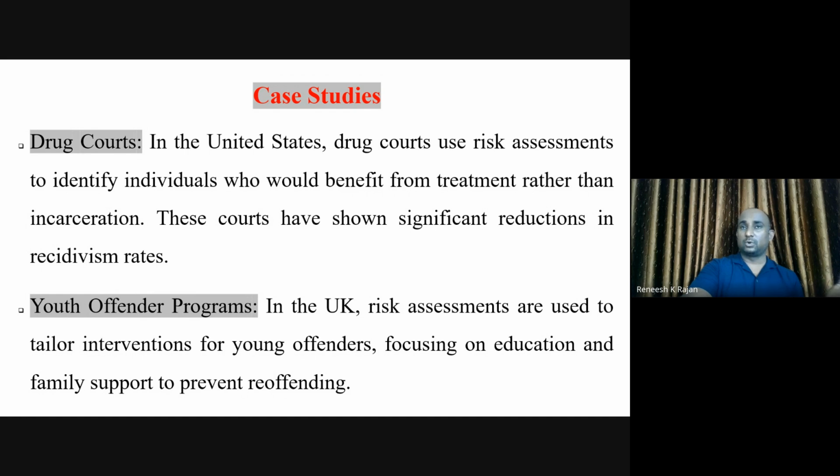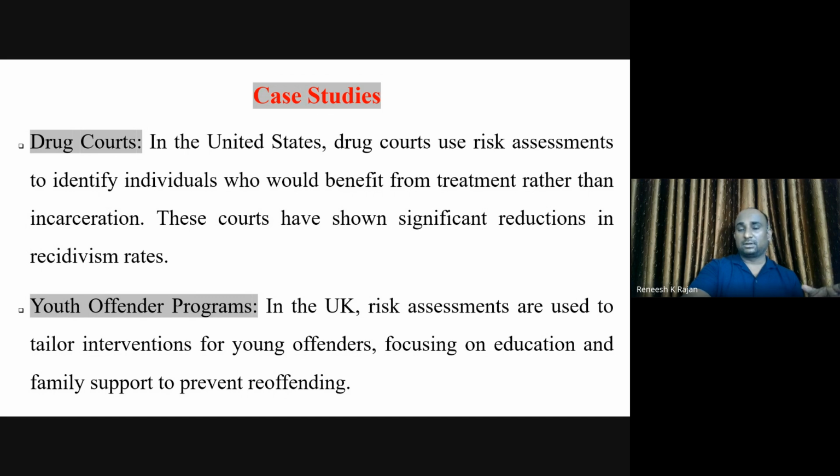Not only in prisons, in courts also they use these risk and need assessment tools before providing parole or probation. They conduct a risk and need assessment, and based on it, they give rehabilitation programs, individual tailor-made programs. For example, when a person has substance abuse, they give only a de-addiction program.